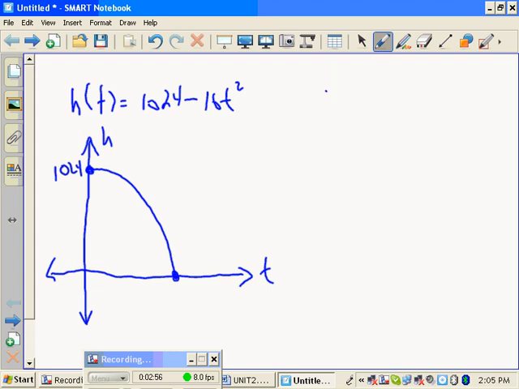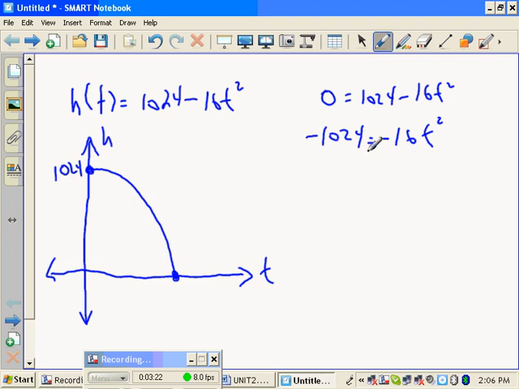Well, let's find out. 0 equals 1024 minus 16t squared. I'm just plugging in 0 for h to see when it hits the ground. How do you solve this algebraically? First step? Okay, negative 1024 equals negative 16t squared. Now what? The negatives cancel, don't they?